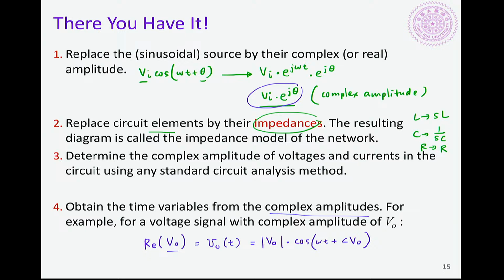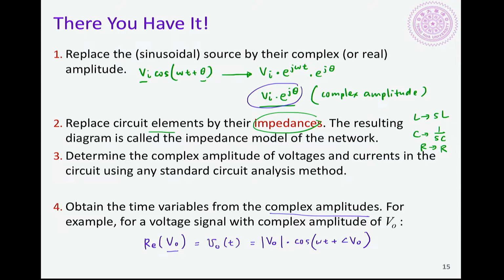Once you are familiar with this, you will find it much easier to solve the sinusoidal steady state. In Wednesday's quiz, we won't cover this, so this part will only be covered in the final exam.